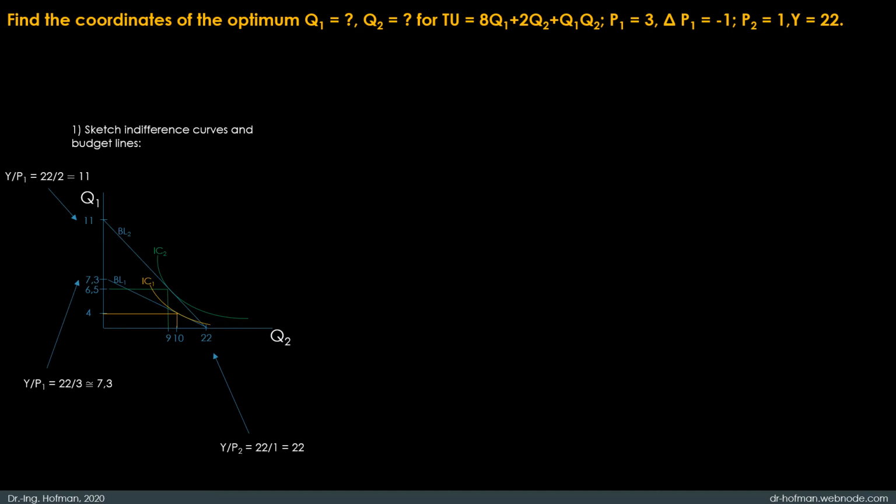And 22 is the point where budget line 1 meets the axis Q2, calculated as yield 22 divided by price 2, 1, which equals 22. And the other point of BL2 where it meets the axis Q1 is calculated as yield 22 divided by price 1, 2, which equals 11.